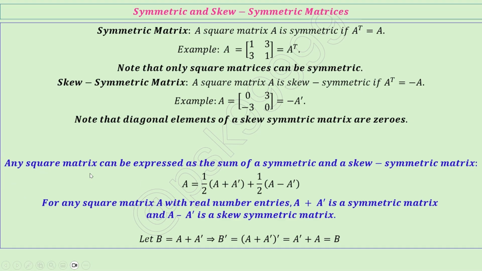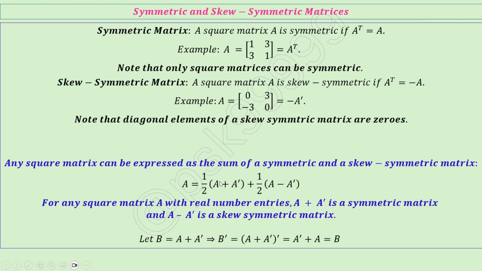And if you take any matrix A, you can express it as the sum of a symmetric and a skew symmetric matrix. That is something like half into (A plus A dash) plus half into (A minus A dash). If I expand it, half A plus half A, which is 1 A, half A dash minus half A dash gets cancelled. So this is equal to A, correct?